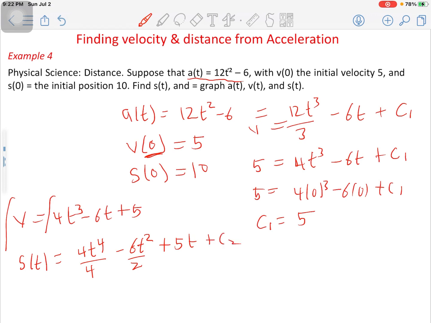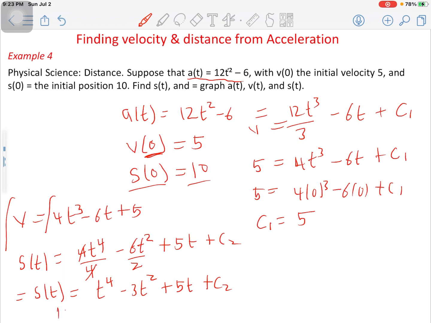Based on this, we can further simplify to get s of t equal to t power 4 minus 3t power 2 plus 5t plus c2. That's our constant. We have been given that x of 0 equals 10. It means that the initial condition when t equals 0 is 10.